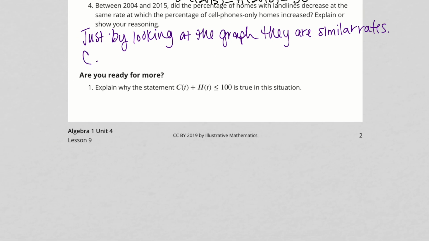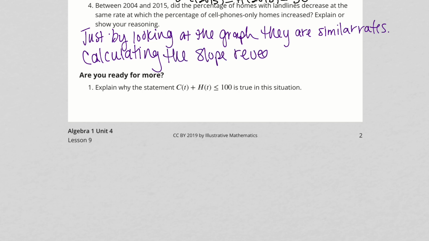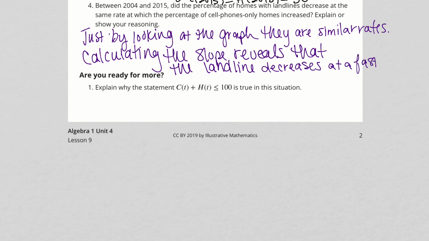Calculating the slope reveals that the landline decreases at a faster rate than cell phone only homes increased.